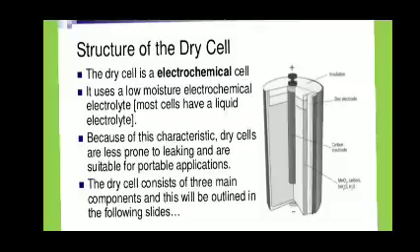Most cells have a liquid electrolyte. Because of these characteristics, dry cells are less prone to leaking and are suitable for portable applications. The dry cell consists of three main components, which will be outlined in the following slides.